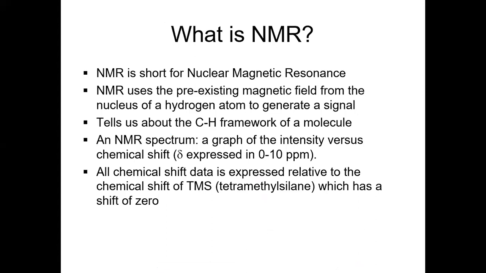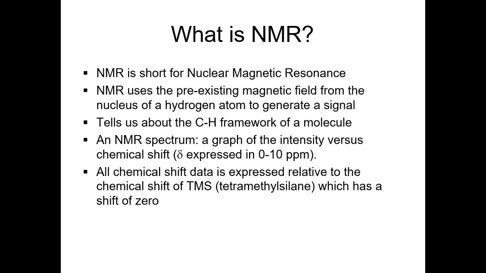So NMR, I kind of already ran this down, is short for nuclear magnetic resonance. The way it works, every hydrogen atom has a pre-existing magnetic field around the nucleus. If that field is acted on by an external magnetic field, you're able to generate a signal based on excitation of the field and then relaxation of the field.